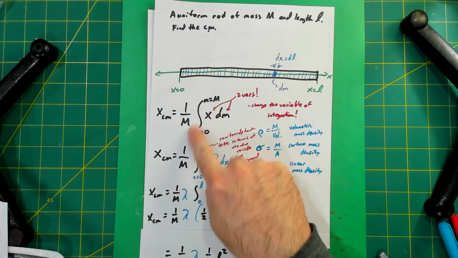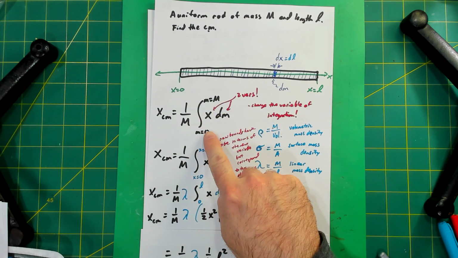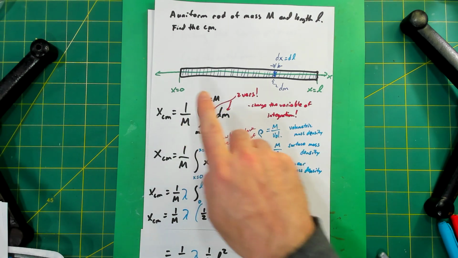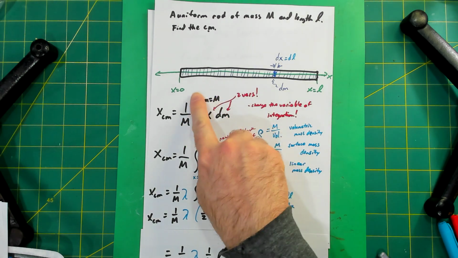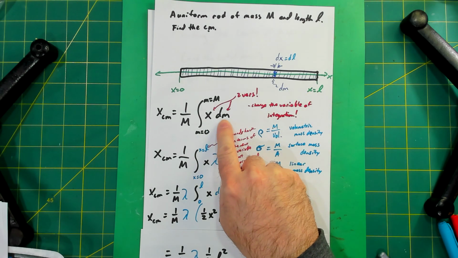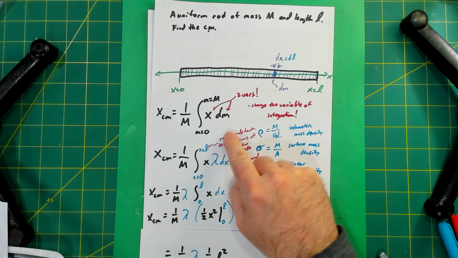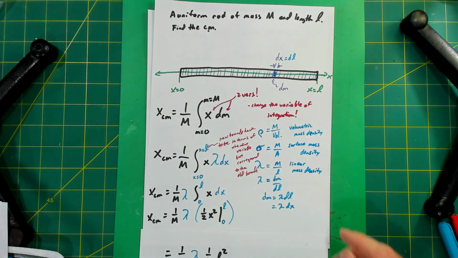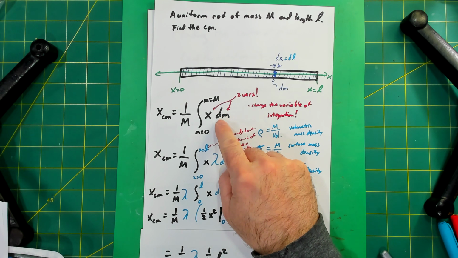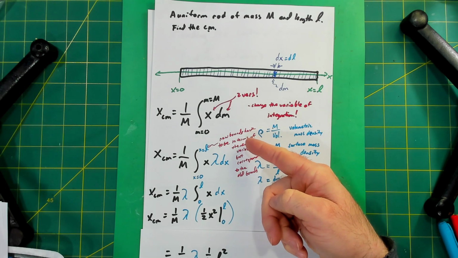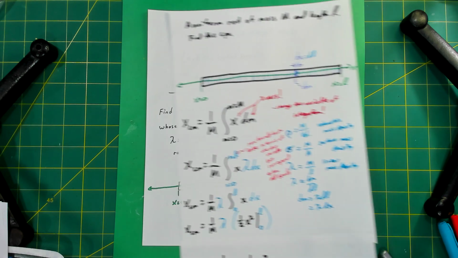We used the integral form of the center of mass equation, going from 0 until we had the total mass of the object all added up. Taking each little bit of mass times its position, adding up, and dividing by the total mass. That's the way you find the center of mass. We're going to do that same trick here. I'll copy it down to a fresh copy.